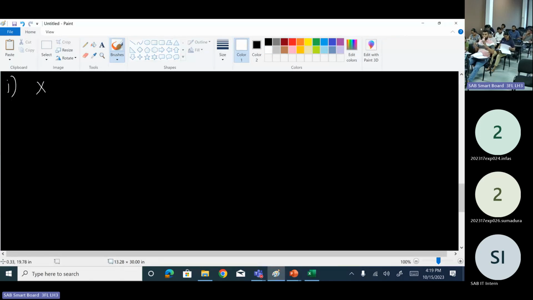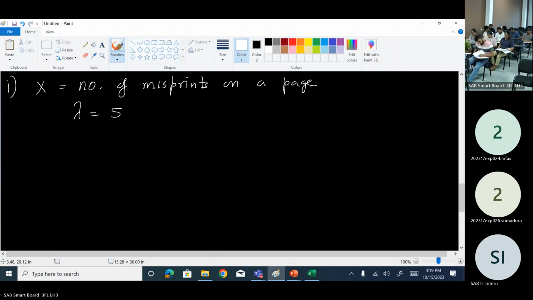So we are answering the first part. X is the number of misprints on a page. The average number of misprints on a page is given as 5, so lambda is 5 here. According to the way the variable is defined, this is going to be a Poisson variable with 5.